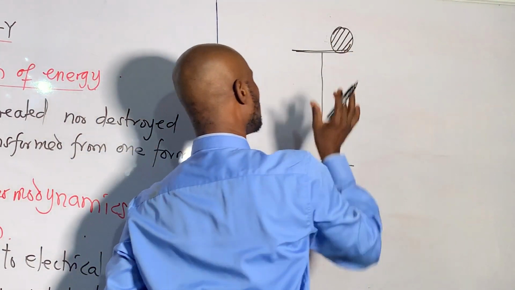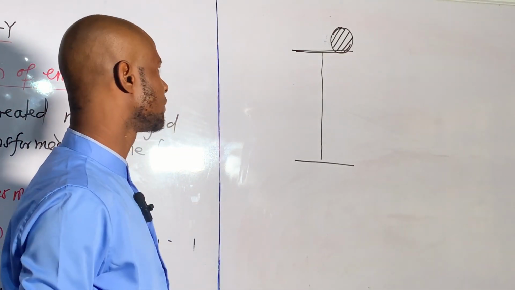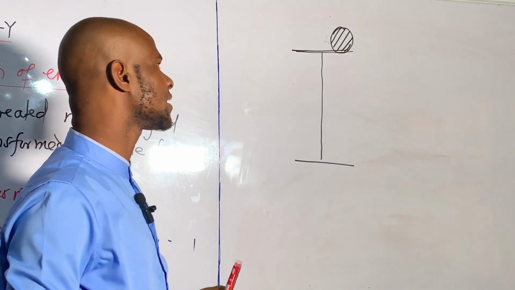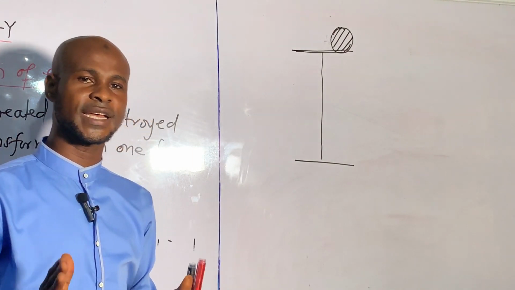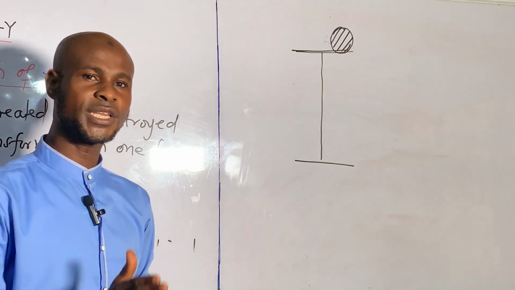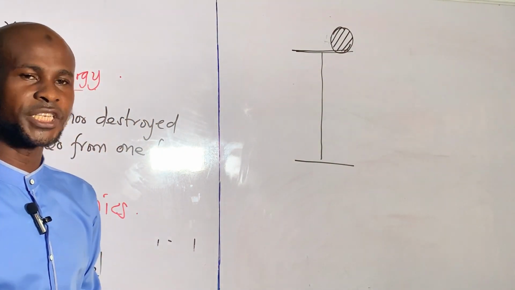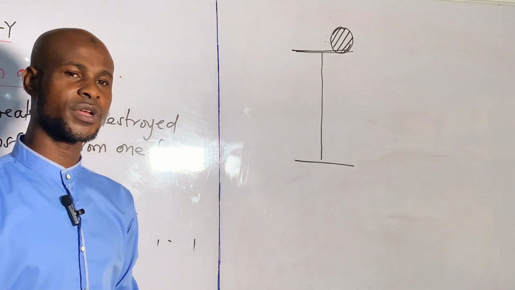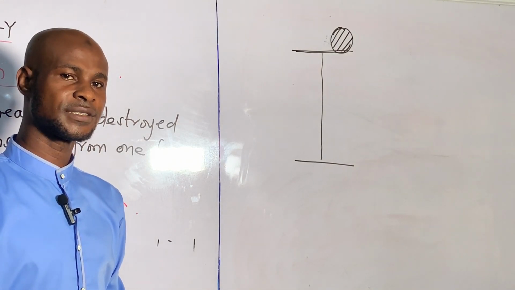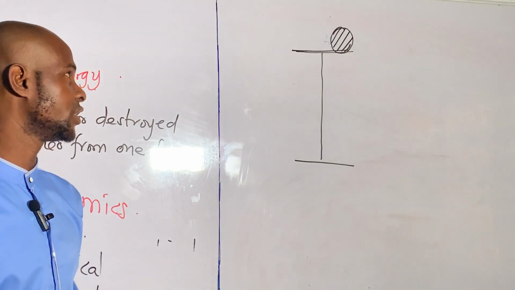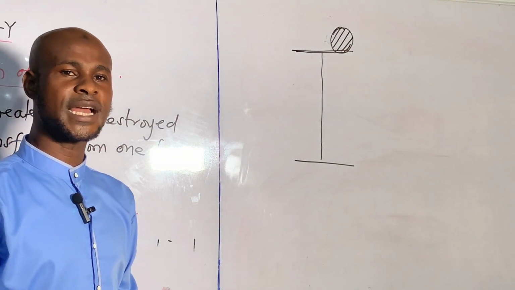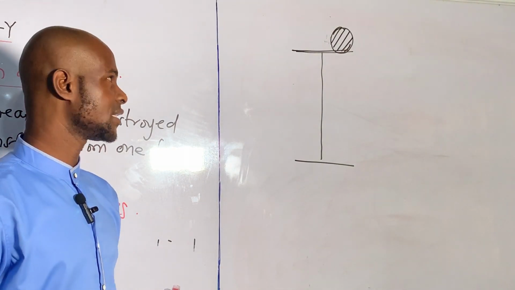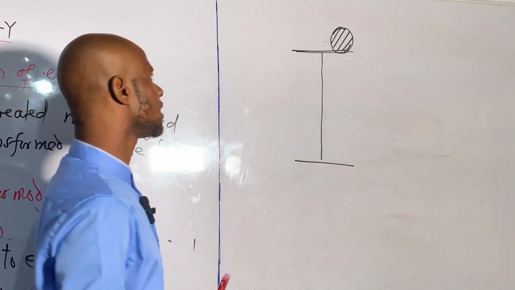So, at the top of this cliff or building, this particular object possesses a particular energy. I want you to guess that energy between kinetic energy and potential energy. I'm very sure you can still recall what we have learned under the types of mechanical energy. The energy possessed by this object is actually potential energy.